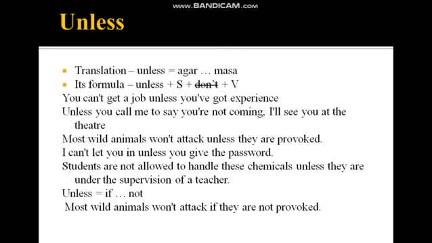So you can get a job unless you've got experience. See, guys, you cannot get a job unless you have got experience, or unless you've got enough experience, which means we're not using unless you haven't got enough experience, guys. We're not making a sentence in this way because, as I said above, unless itself includes that not.